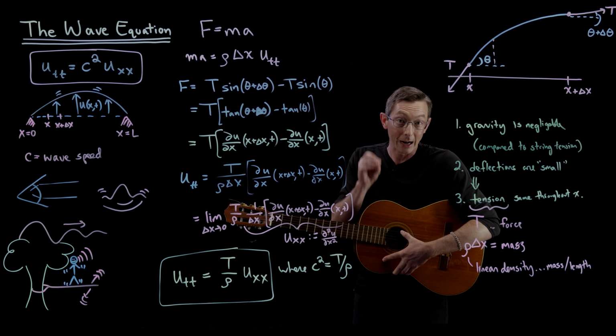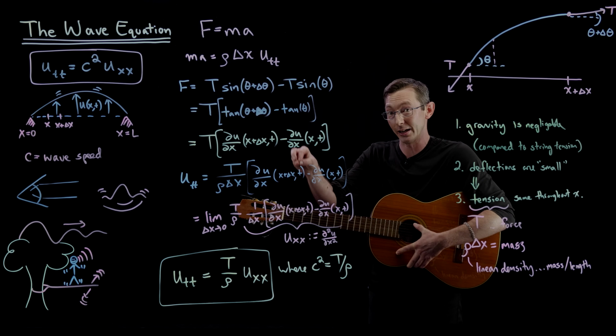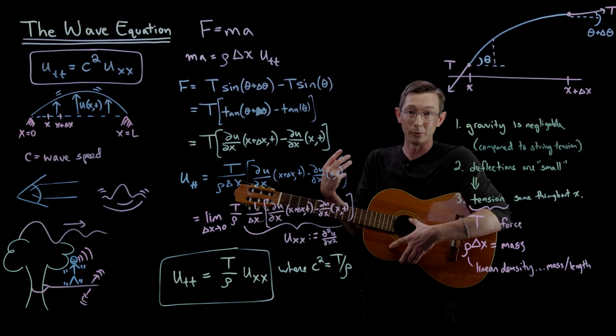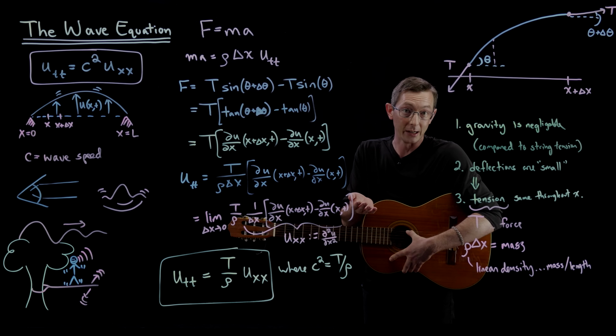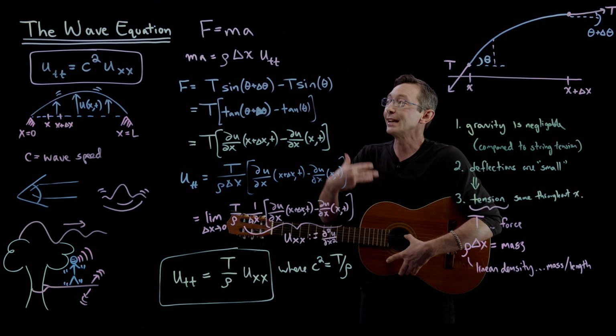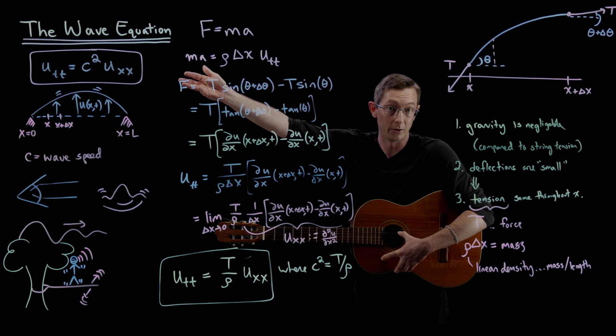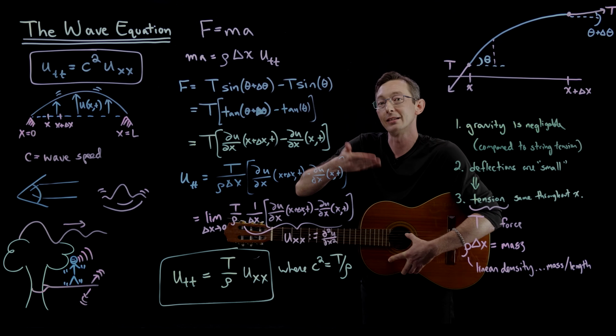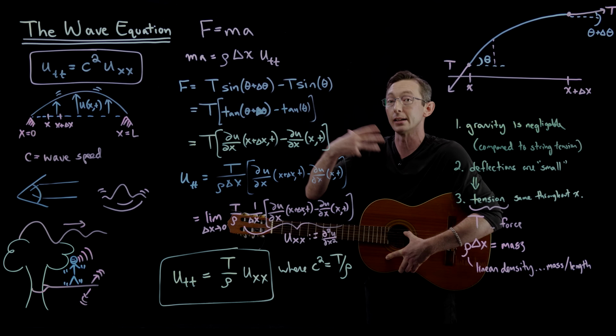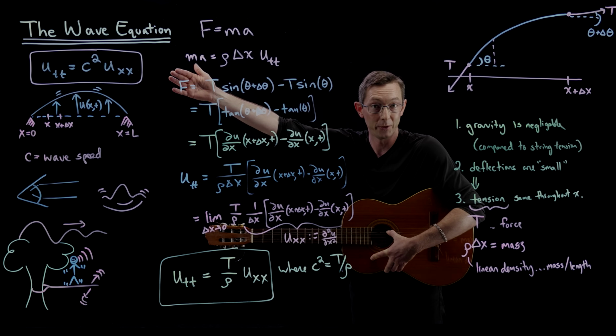Now I haven't directly shown you this; I'll show you in the next lecture when we solve this using separation of variables. Remember, when this string vibrates, the string itself is governed by the wave equation, but it's also oscillating the air and creating acoustic waves, which are also governed by the wave equation.